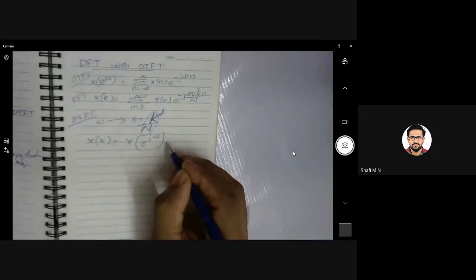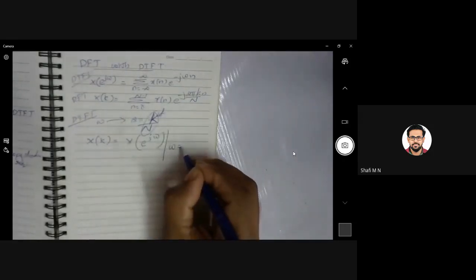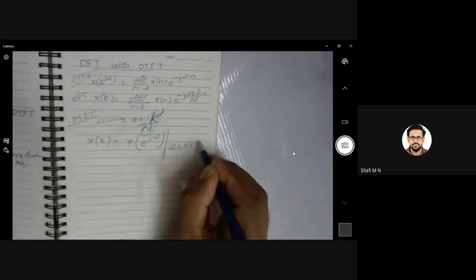That was the change you have done: 2 pi f has been replaced with 2 pi k by N. So we can say DFT X of k is actually X of e power j omega. Both will be equal when omega is replaced with 2 pi k by capital N. This is the mathematical relation between DFT and DTFT.